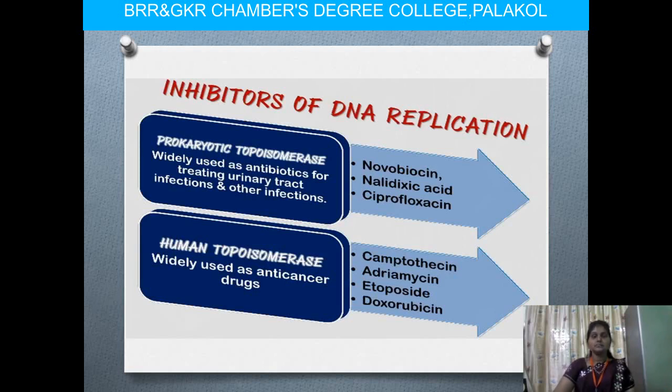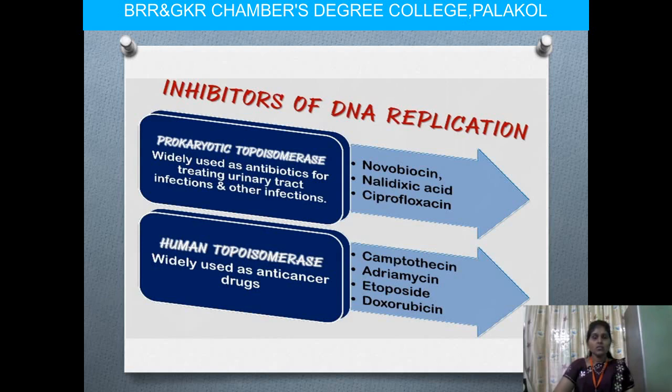Replication can be inhibited by some substances like different types of antibiotics, such as novobiocin, nalidixic acid and also ciprofloxacin. These three are antibiotics which can inhibit DNA replication.